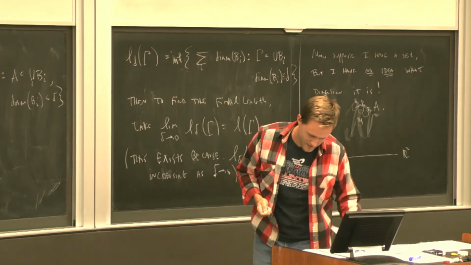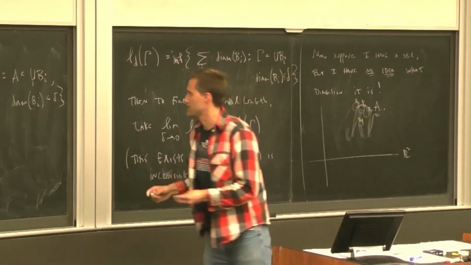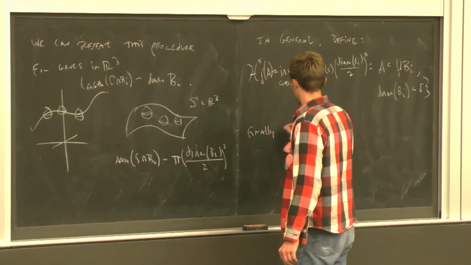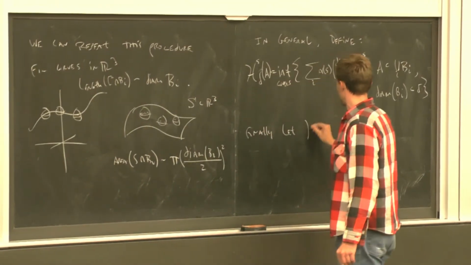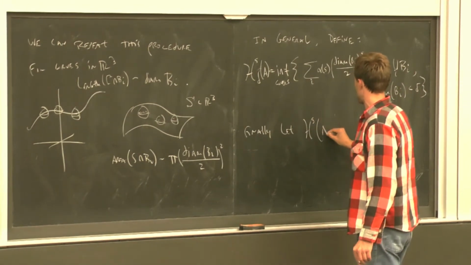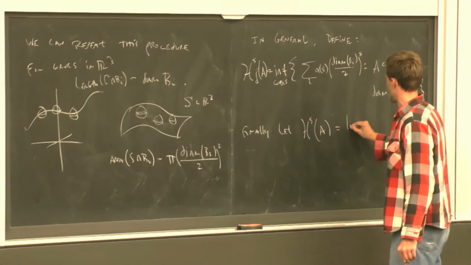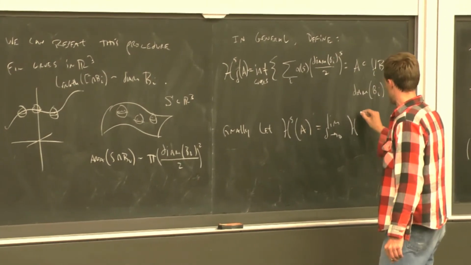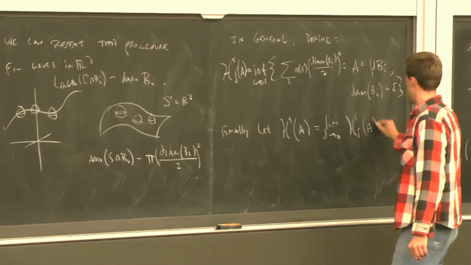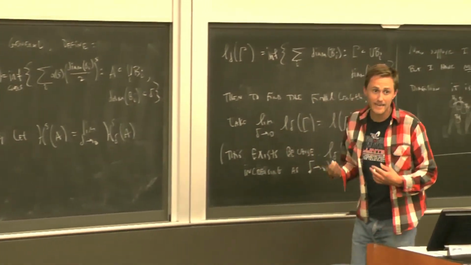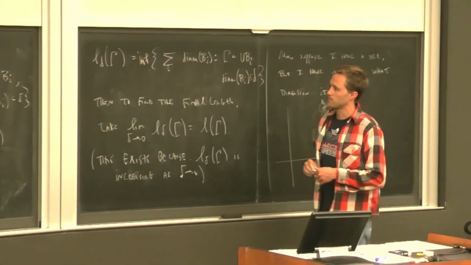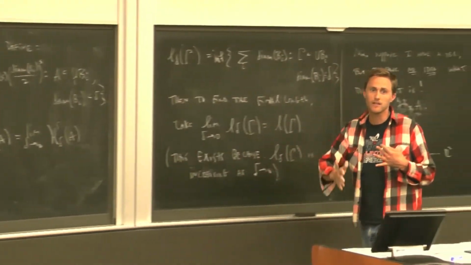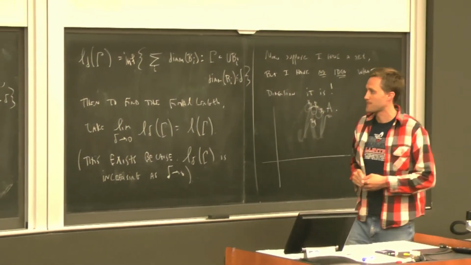So let's finish this. Then H S of A is equal to the limit as delta goes to 0 of H S delta of A. Just for the exact same reason, this quantity is increasing as delta goes to 0, so we know we have that limit. It might be infinity.